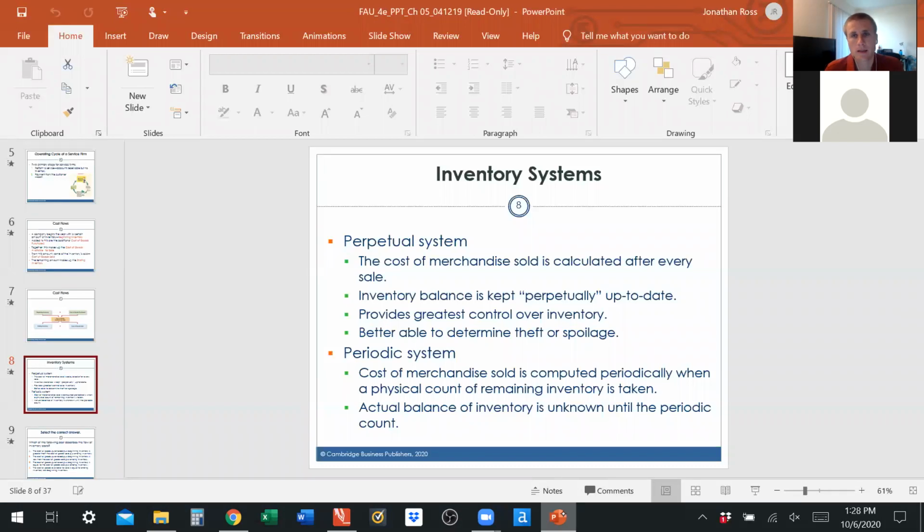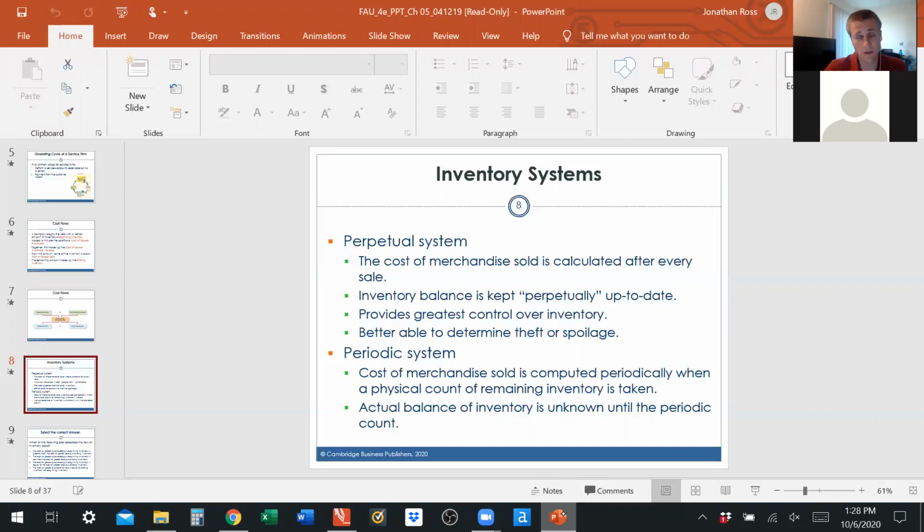The periodic system is the alternative that the company could use. And this is where you don't make a journal entry every time you sell an item. You don't go and calculate the cost that you originally paid for that item and record the cost of goods sold every time you sell an item. You sell items throughout the period. You don't record anything.